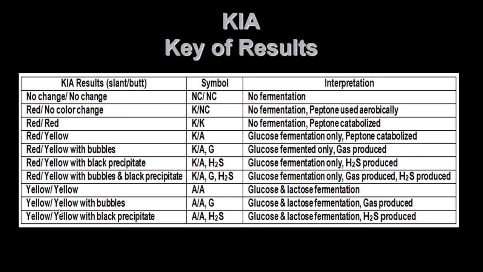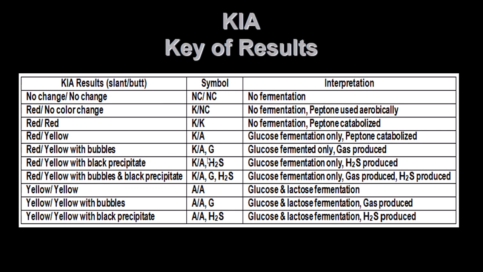And yellow over yellow with black precipitate, we put that A over A, the slant and the butt, lots of acids, H2S produced, becomes black, glucose and lactose fermentation, and H2S is produced.